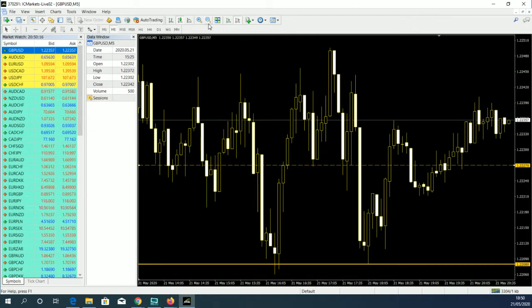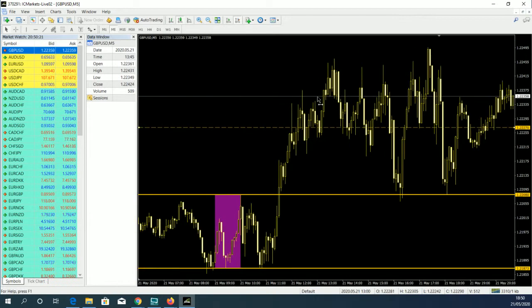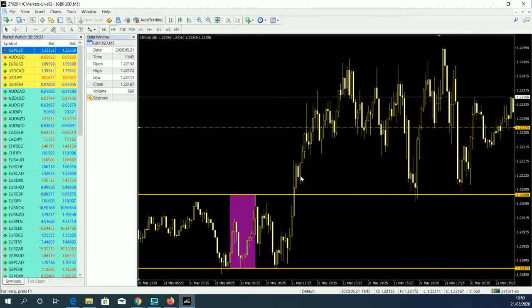You will target the same number of pips. But let me tell you the difference between trade number 1 and trade number 2. Remember, trade number 1 was somewhere around here. Look, the stop loss is here, but the stop loss for trade number 2 is now almost double the size of your TP1. So the risk reward ratio is a bit higher here.